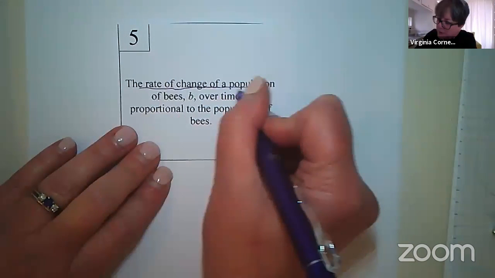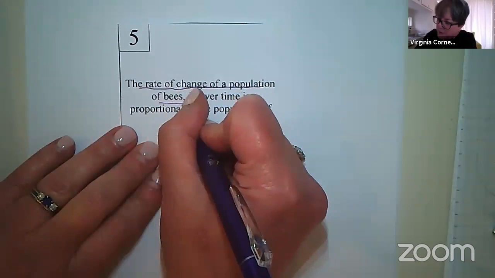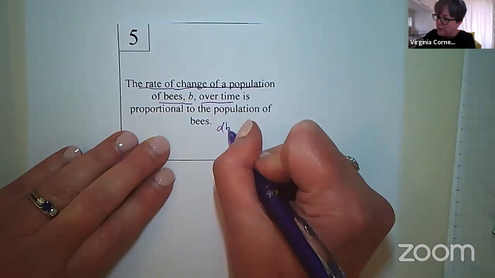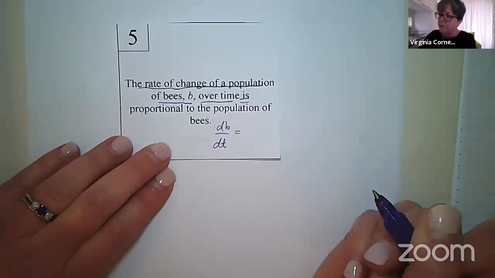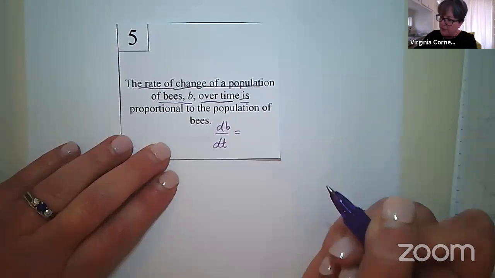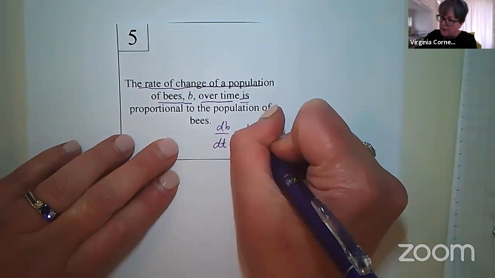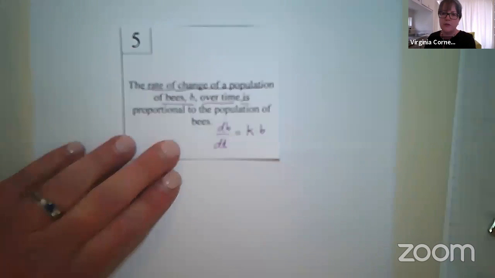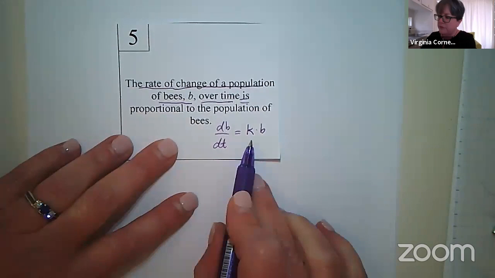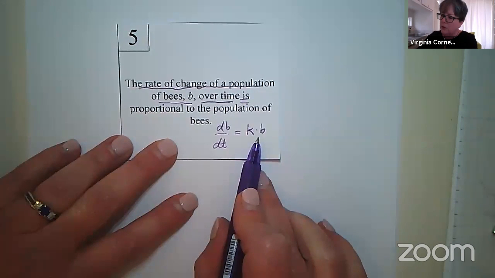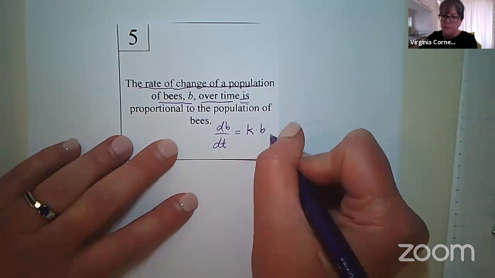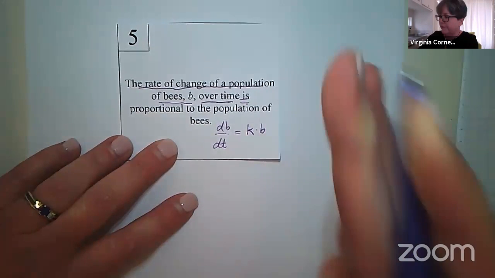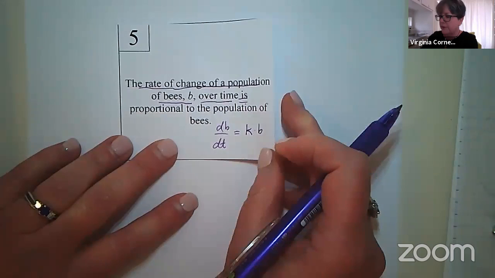So there's your dB dt, is, that's my equal sign, proportional to the population of bees. So that would be K times B, the population of bees. It can even be just KB. You don't need to have that showing, or sometimes you have parentheses around it, especially a base that might be something like a 1.4.